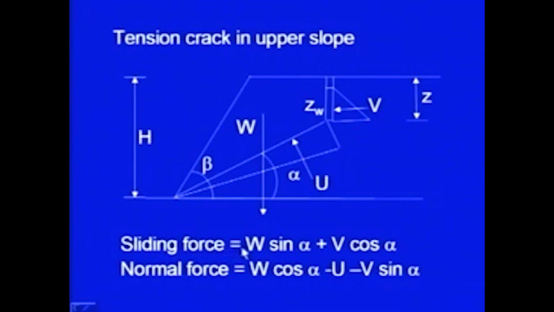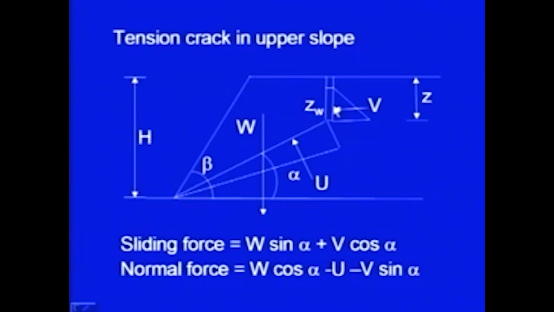So, we can now resolve the forces. The sliding force will be equal to W sin alpha. W is acting here in this direction. So, this component will be W cos alpha, and this component will be W sin alpha. So, W sin alpha plus one component of this horizontal force V. V is acting in the horizontal direction.